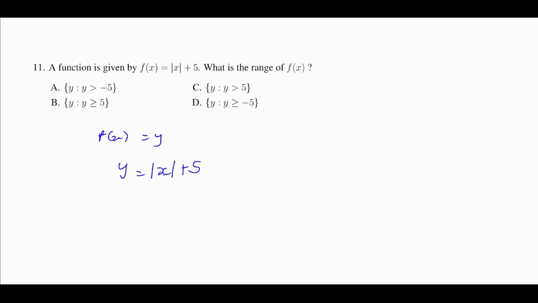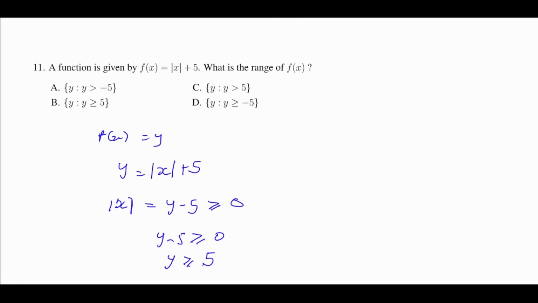So we have the absolute value of x equal to y minus 5. But we know that the absolute value of x is always greater than or equal to 0. So y minus 5 is greater than or equal to 0, and if I solve that, I have y greater than or equal to 5.